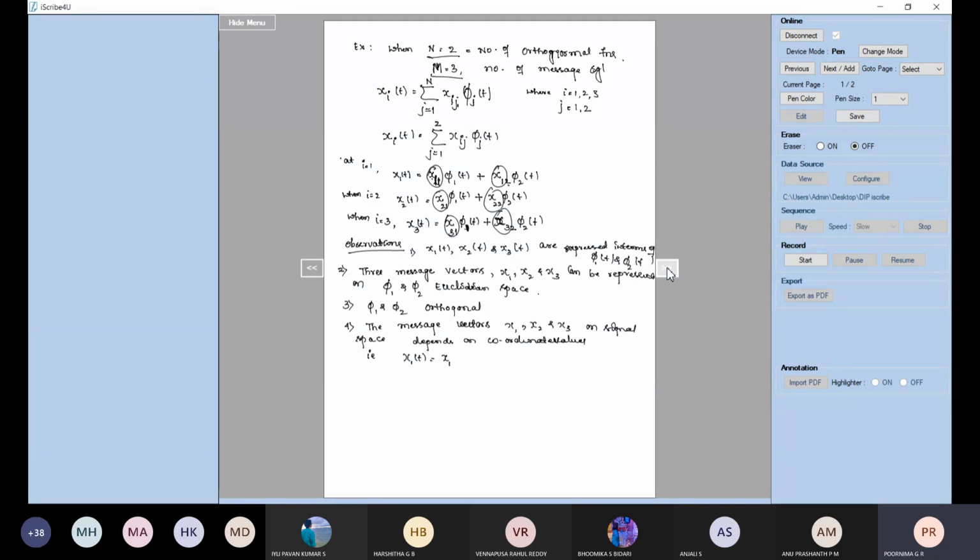That is, if you are taking x1 of t, which is equal to x11 phi1 of t plus x12 phi2 of t, then x2 of t is equal to x21 phi1 of t plus x22 phi2 of t, and x3 of t is x31 phi1 of t plus x32 phi2 of t.